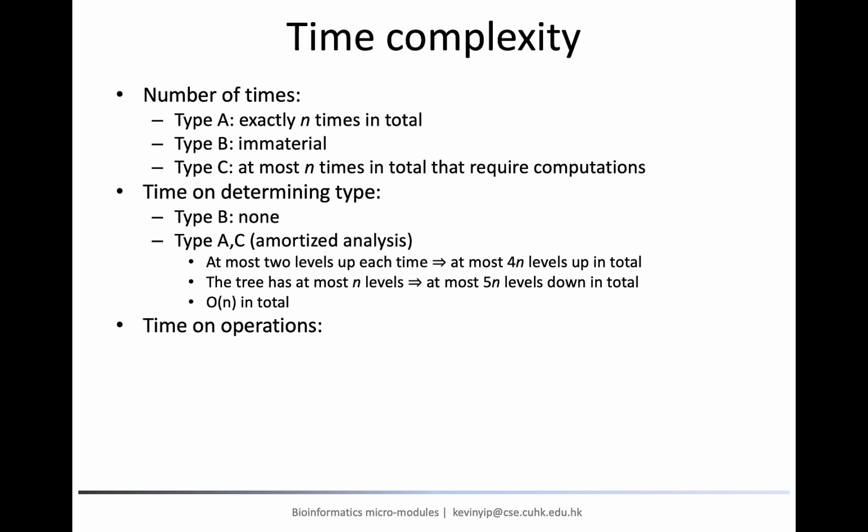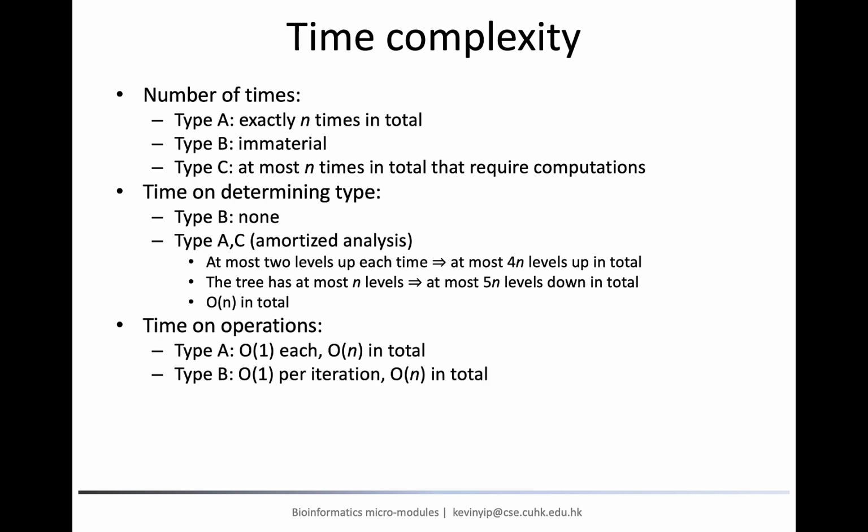Finally, after determining the insertion type, for a type A insertion, we need to create 1 or 2 nodes, which requires constant time each. For a type B insertion, the only cost is updating the value of I, which requires constant time for each iteration and thus a total of order n time across all n iterations.